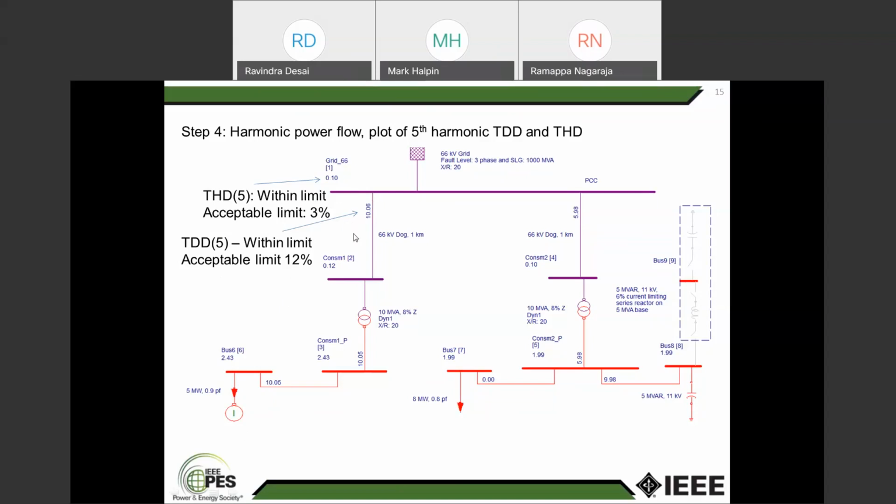It is still within the acceptable limit. The voltage harmonic distortion is 0.1, but the acceptable limit is 3%. Therefore it is still acceptable, 0.1%. All values are in percentage, therefore this is still acceptable.